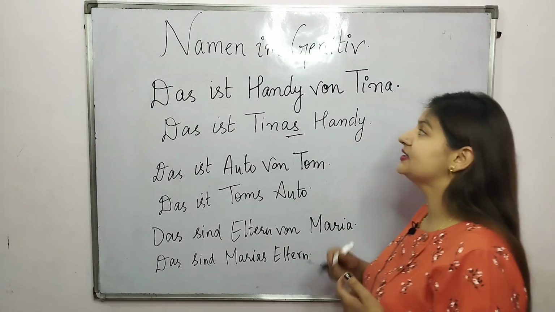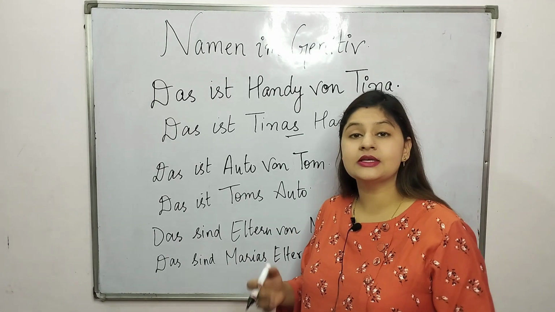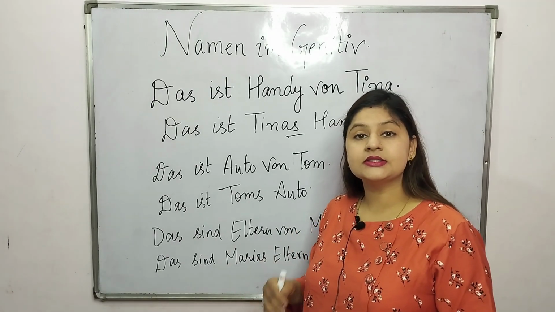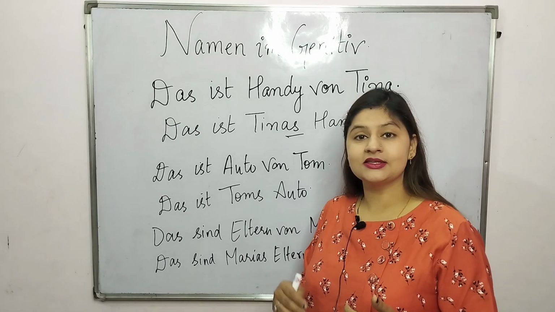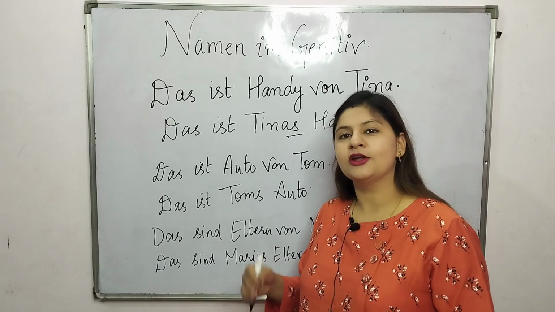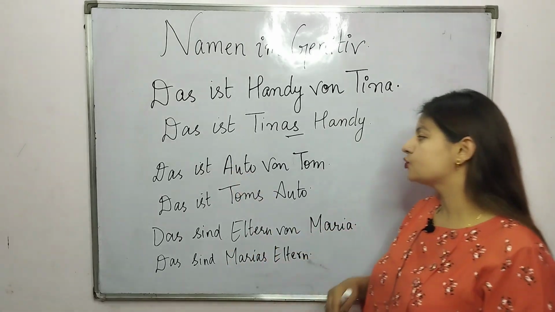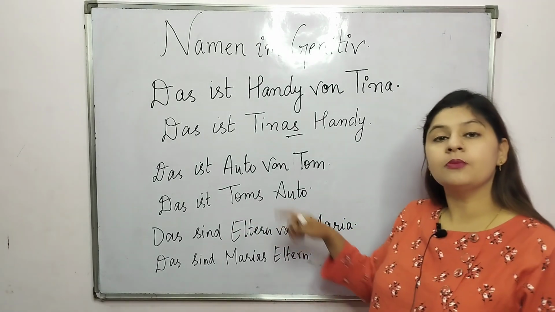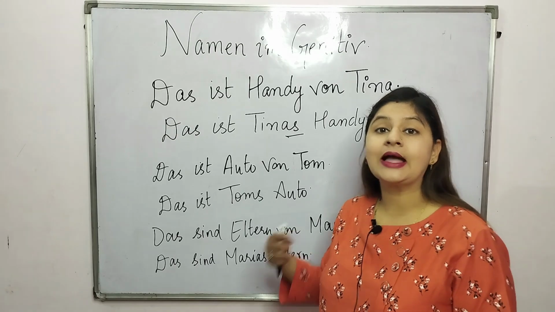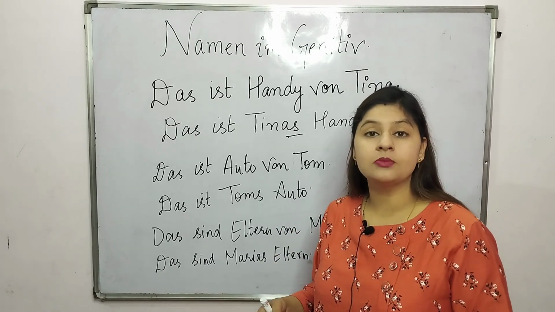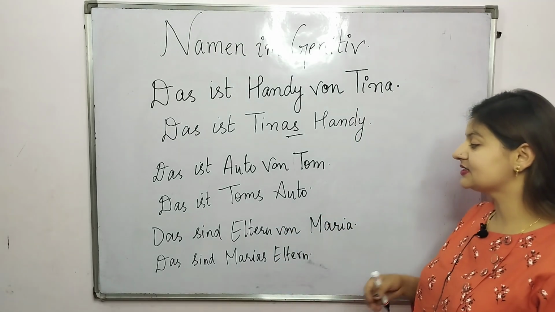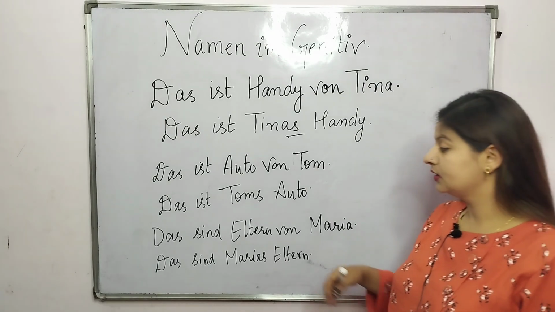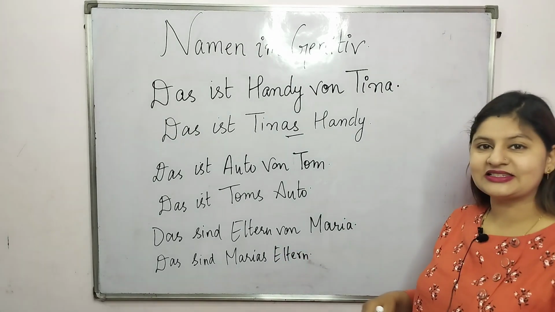So, das ist Handy von Tina. This is the mobile of Tina. Das ist Tina's Handy. Das ist Auto von Tom. Das ist Tom's Auto. So, both are same. Das sind Eltern von Maria. Das sind Maria's Eltern.